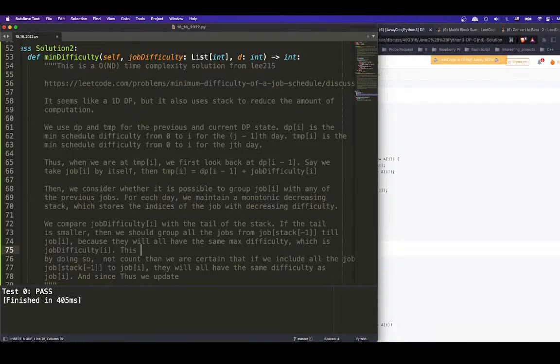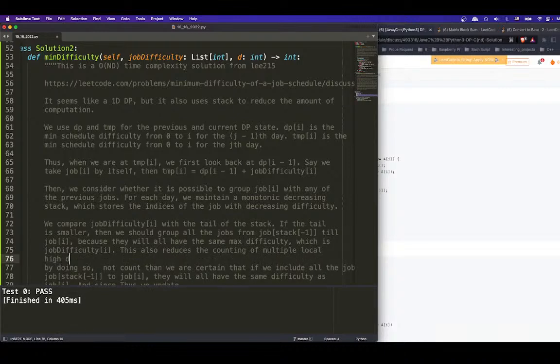And this also reduces the counting of multiple local high job difficulties.